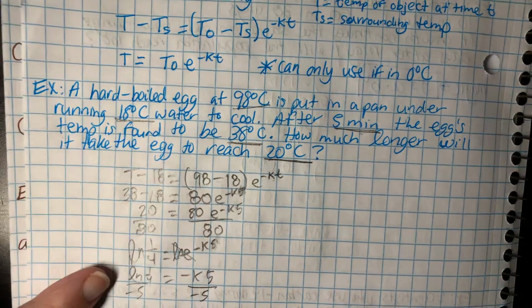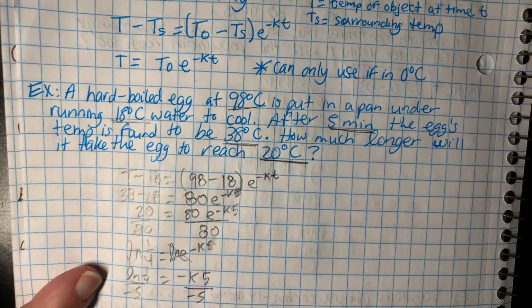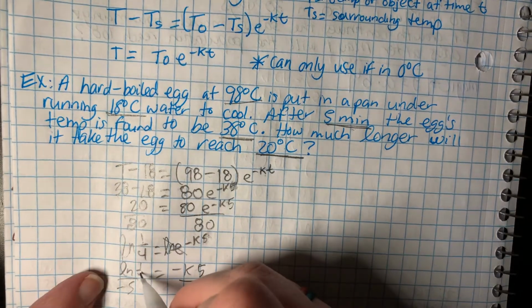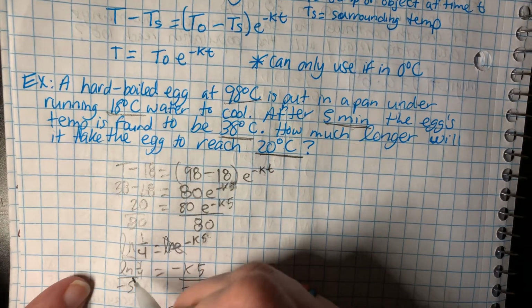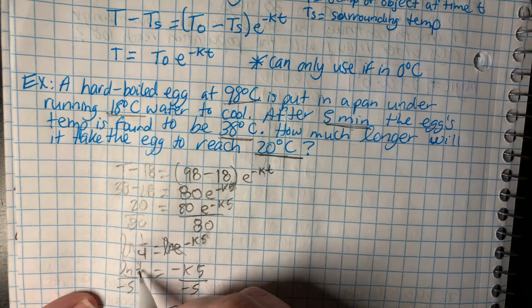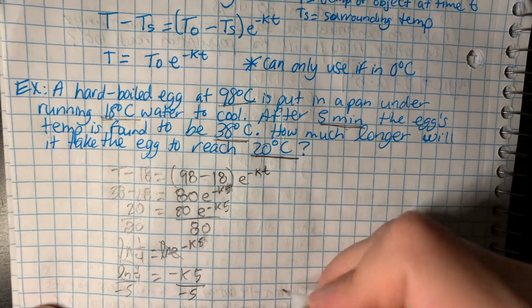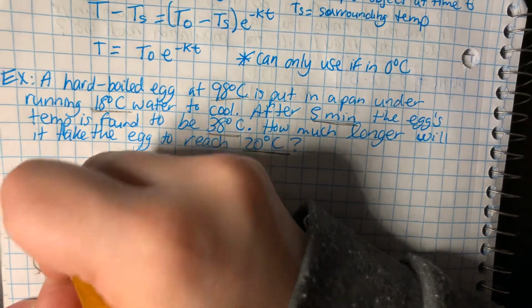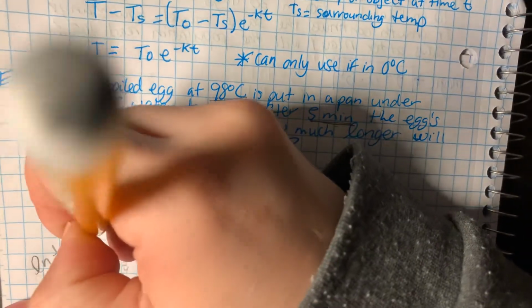K equals whatever this is plugged into our calculator. If you remember the rule before, to get rid of this negative, ln of 1/a equals negative ln of a.